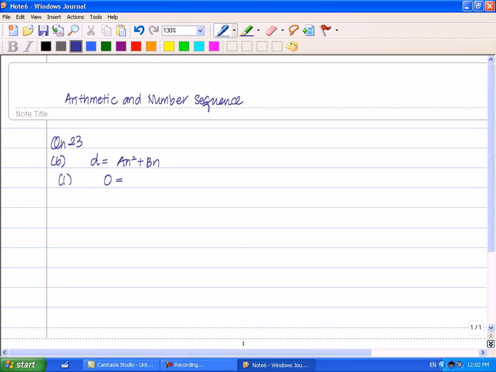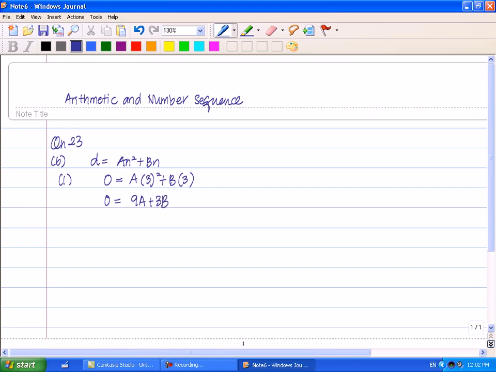What is n squared? N in this case in figure 1 is actually 3, plus b, and n is actually 3 again. Hence, what are the numbers that I get? I get 0 equals to 9a plus 3b.